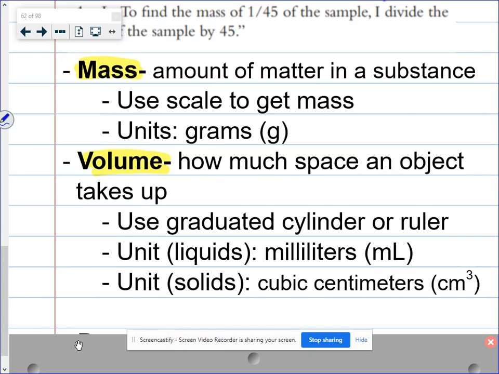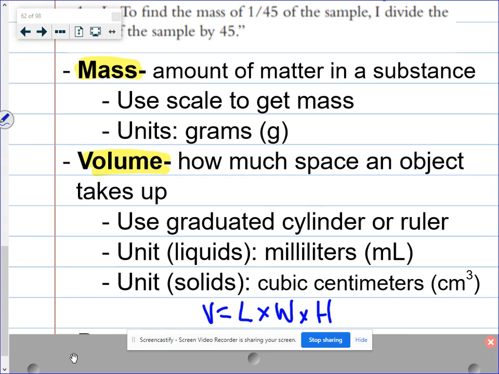So where would that come from? Well, you're probably familiar with this equation. The volume of a rectangular object is its length times its width times its height. So if I have the volume of a rectangle or a tissue box or a book, something where it has nice square edges, and I want to know the volume, I measure the length of it, I measure the width of it, and then I also measure the height.